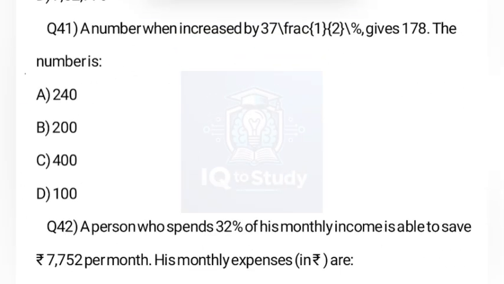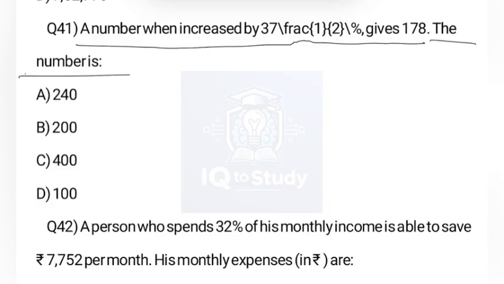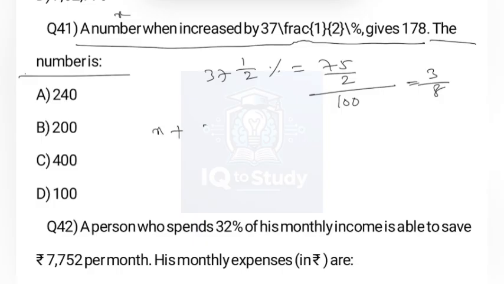A number when increased by 37 1/2% gives 178. The number is. We can write 37 1/2% as 75/2 divided by 100, that is equal to 3/8. So according to the question, if we consider the number as x, then x plus 3x/8 is equal to 178.